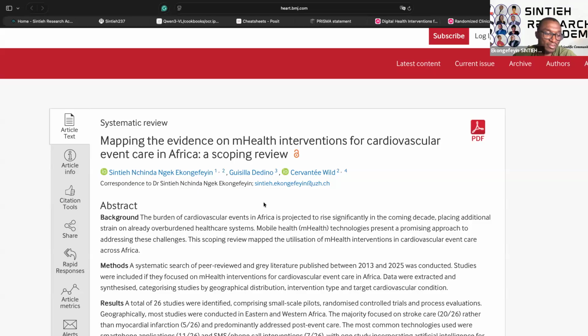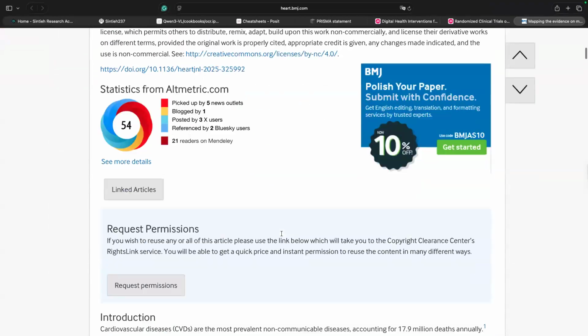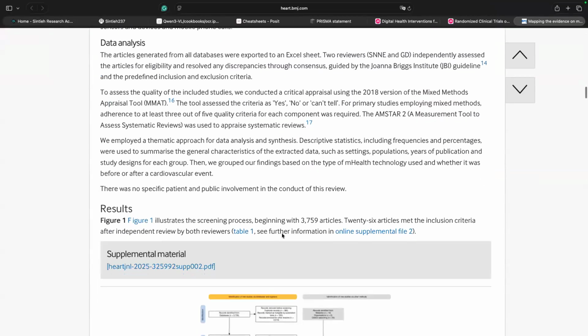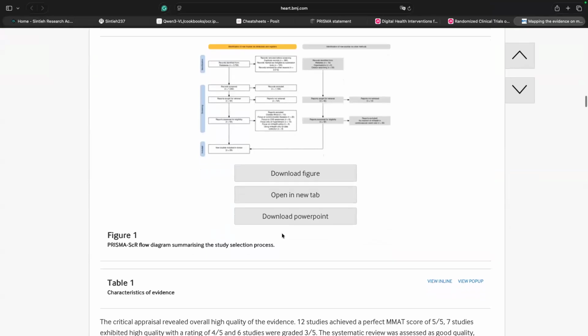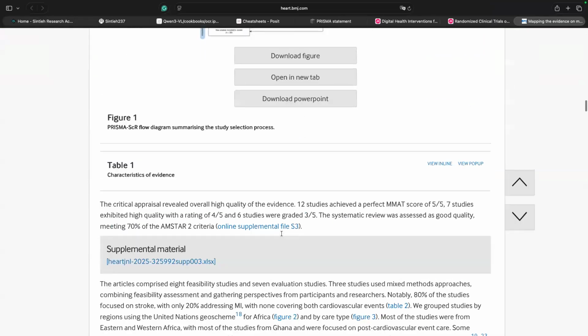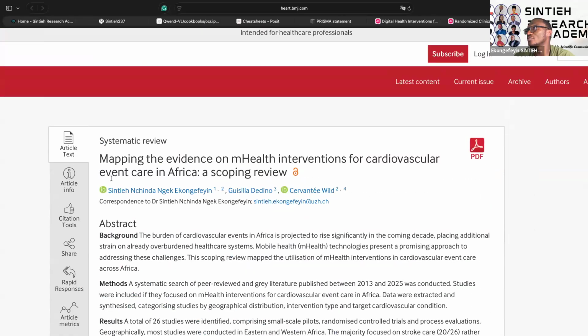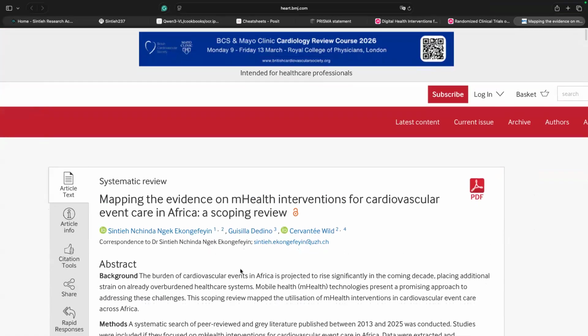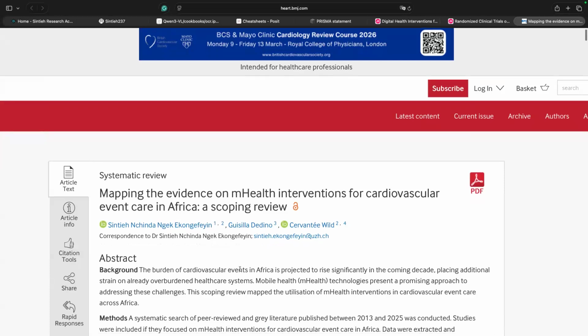What kind of study will you carry out? What is the research question? Evidence of interventions for preservation in Africa. Doc, I think I'm going to conduct a narrative synthesis here.